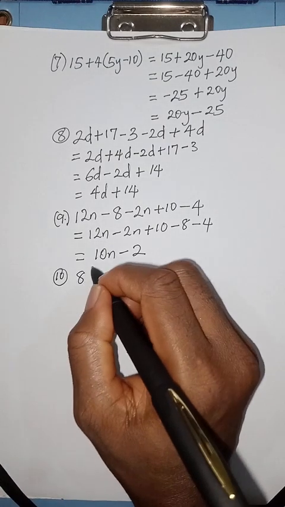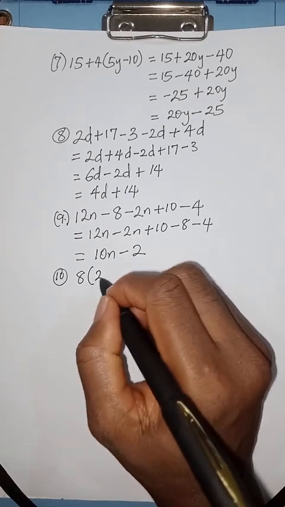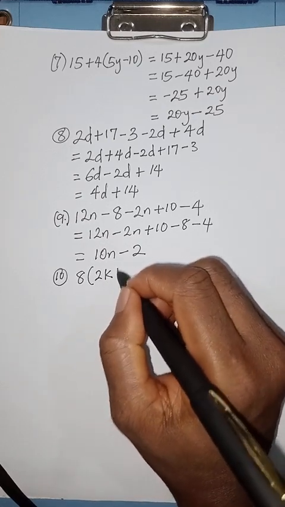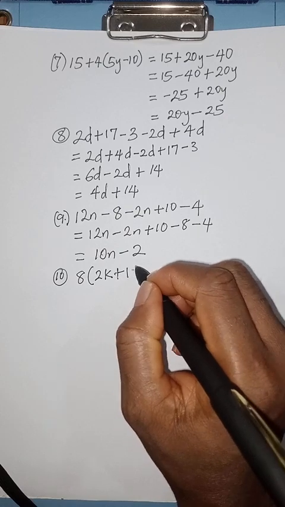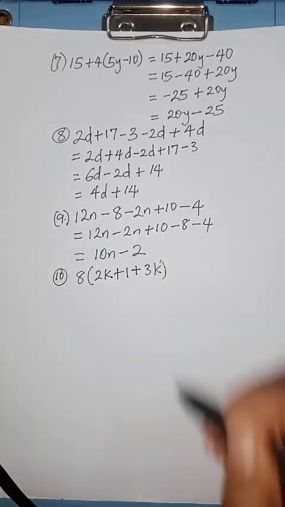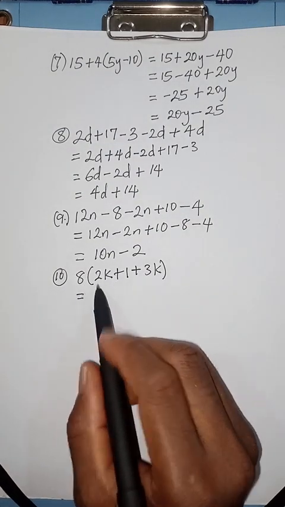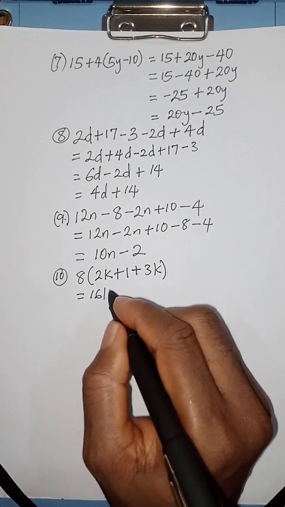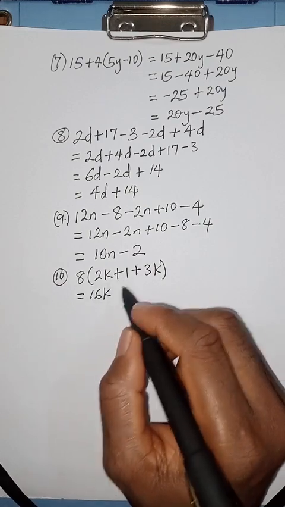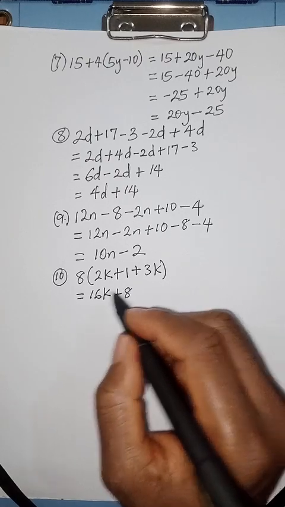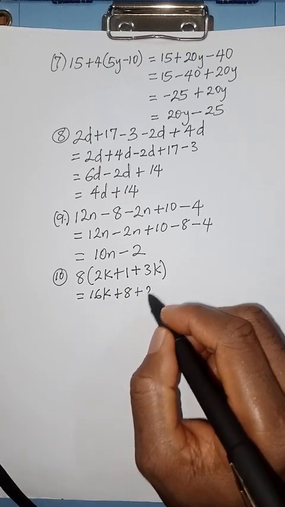I have 8, open bracket, 2k plus 1 plus 3k. This is expand: 8 times 2k, 16k, 8 times 1 plus 8, 8 times 3k plus 24k.